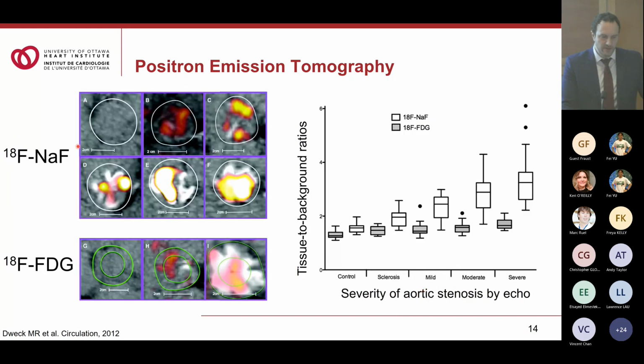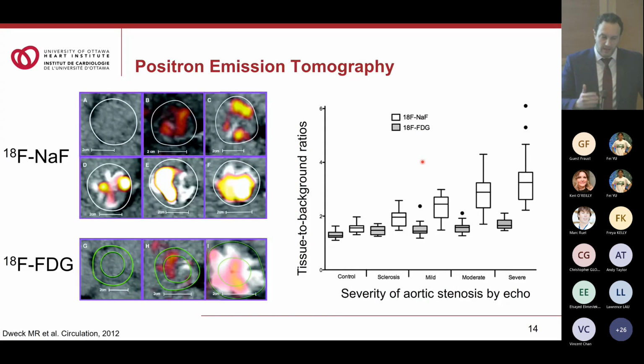So here are some of the images in patients with increasing severity of calcification, both with sodium fluoride and FDG. And what we see is that the correlation between severity on echo and the tissue to background ratio on PET is much more correlated for the sodium fluoride than for FDG.